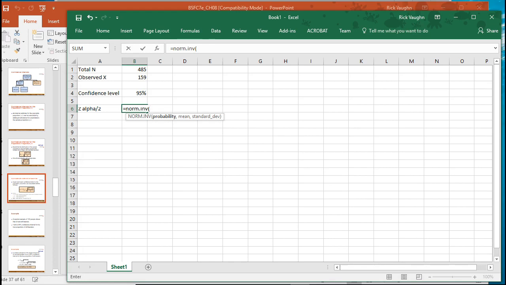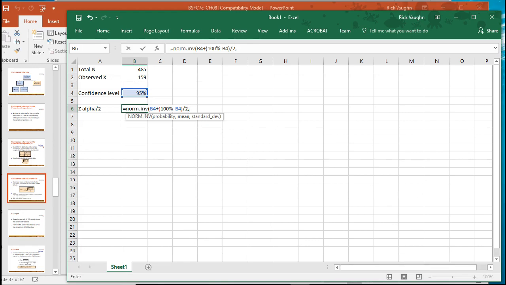So we could get this number here, 95%, plus parentheses 100% minus this number, divided by 2. And that should be 95% plus 5% divided by 2, which is 2.5%. 95% plus 2.5% is 97.5%. The nice thing about doing it this way is that if you had a 90% confidence level or a 99% confidence interval, this formula would still work with no adjustments. All you'd have to do is change that field B4 where you have your confidence level.